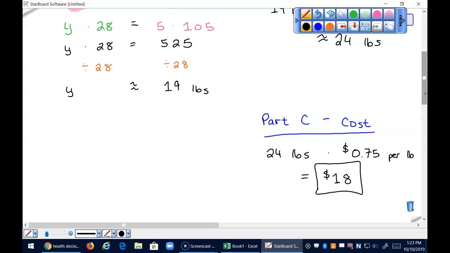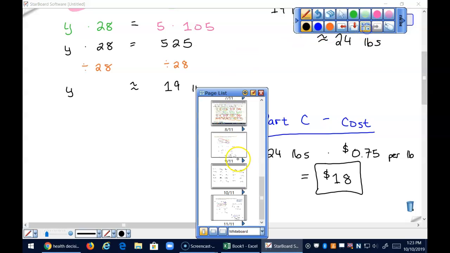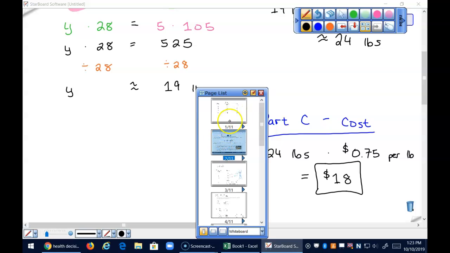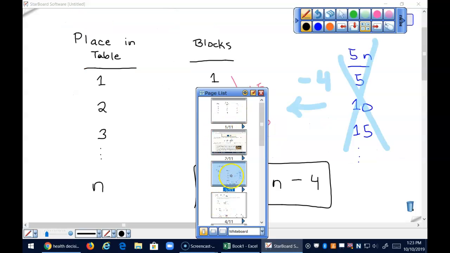So there we go. Let's see. We've done calories and metabolism. We had questions on any of that. What did we do in the beginning? We did a factoring. We did a pattern. We did the chessboard.